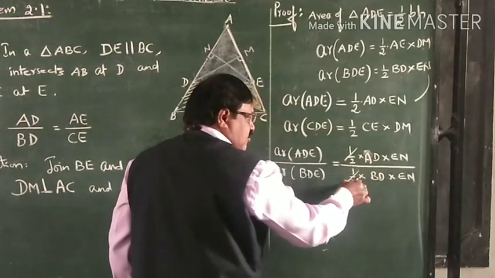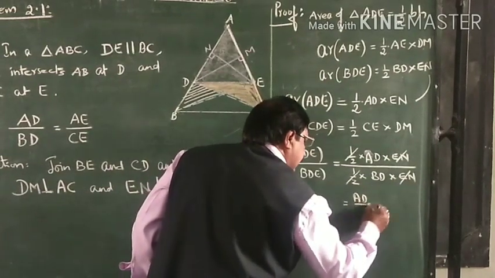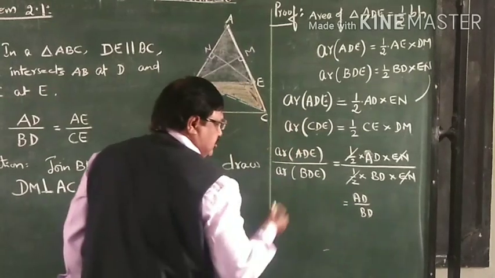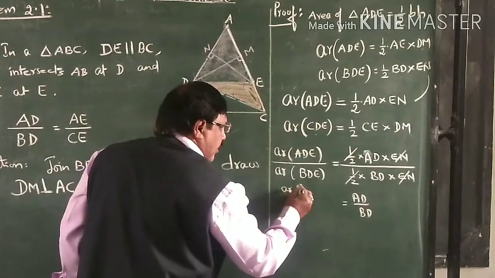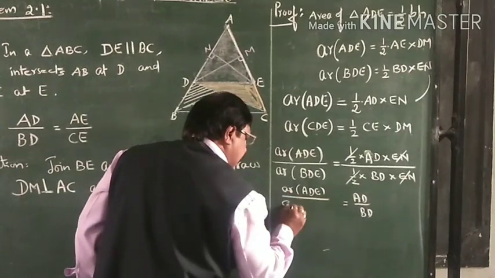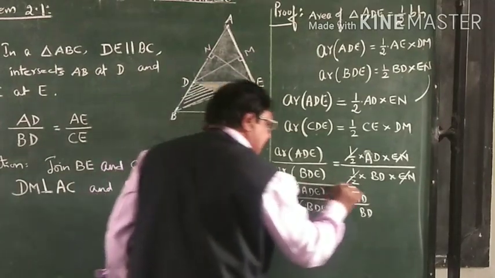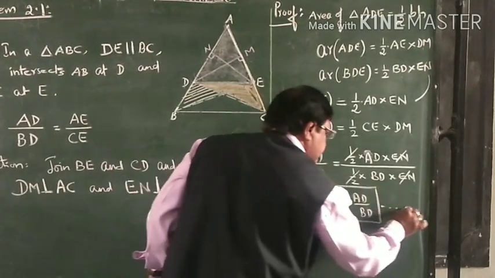So I cancel this, then you will get AD by BD, the first ratio, that is area ADE divided by area BDE. Take this as 1.